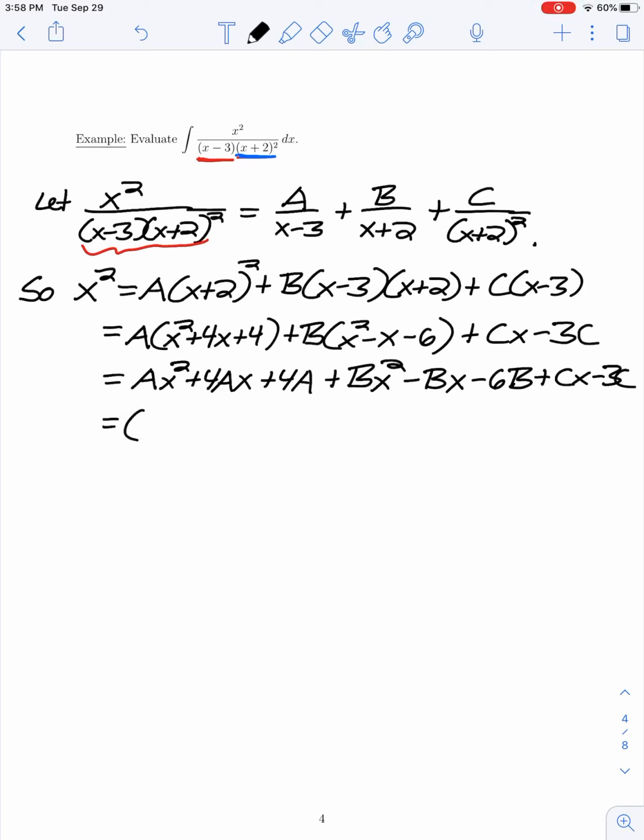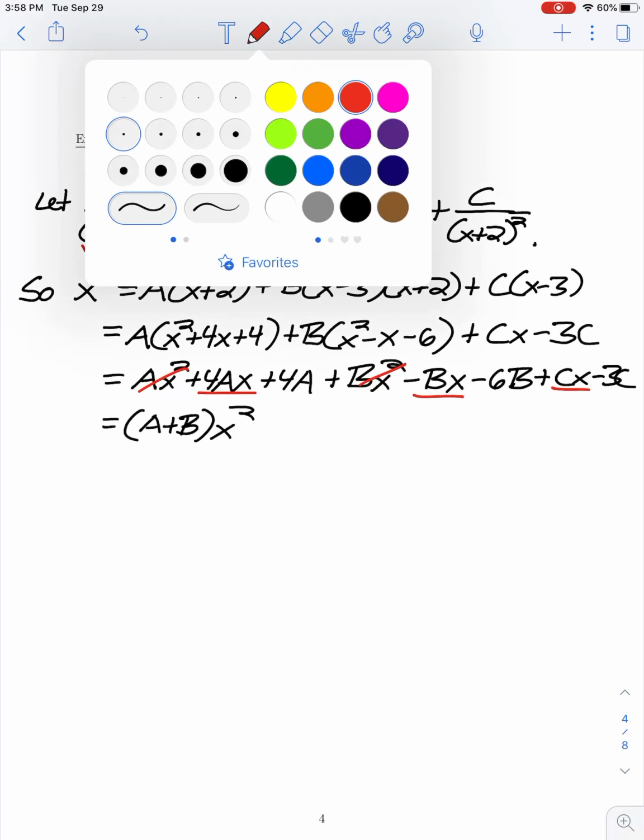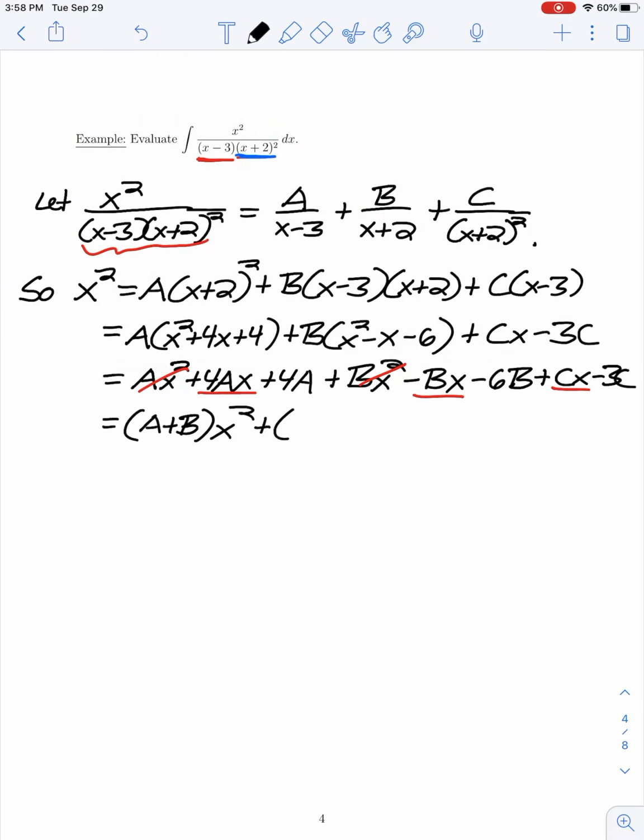Or grouping like terms together, I would have (a plus b) x squared. So for my x squared terms, we just had the a and b term. For my terms involving x, we had 4ax minus bx plus cx.